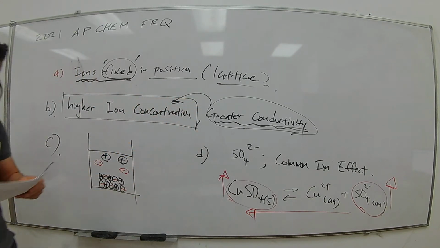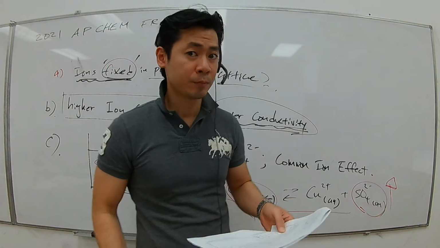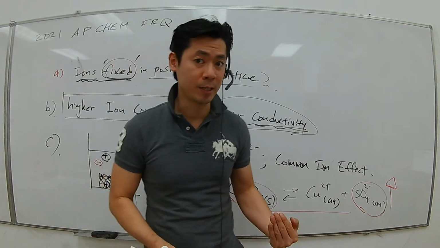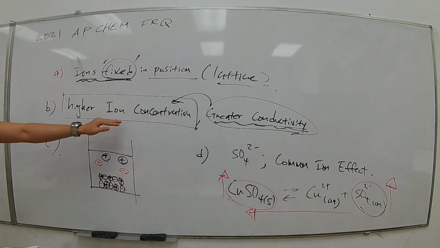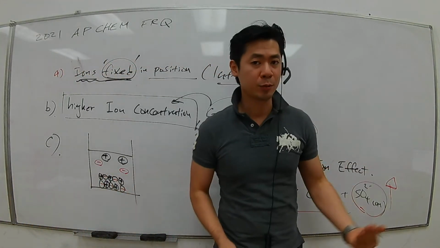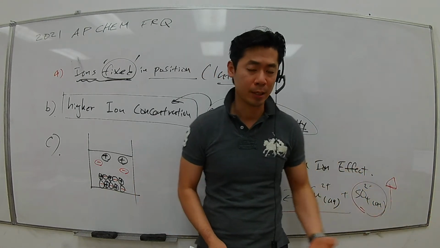So because calcium sulfate has a greater conductivity, it means calcium sulfate has a greater ion concentration overall. So how do they have more ions? Because calcium sulfate has a greater solubility.